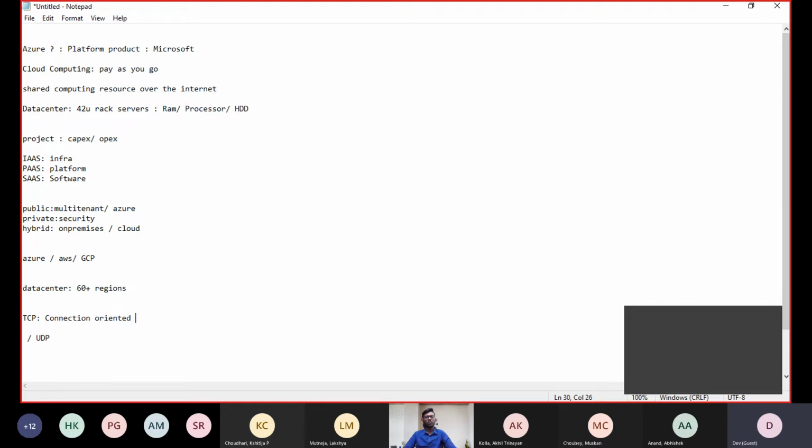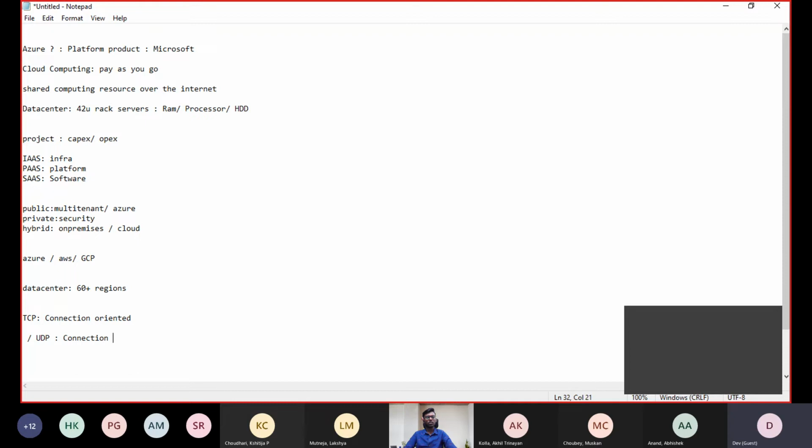So connection oriented is where I get the acknowledgement for whatever data packets I'm sending, from the receiver. Connectionless is where I'm not getting any acknowledgement from the receiver, still I'm sending the data packets without waiting for acknowledgement. UDP you will mostly find as connectionless.